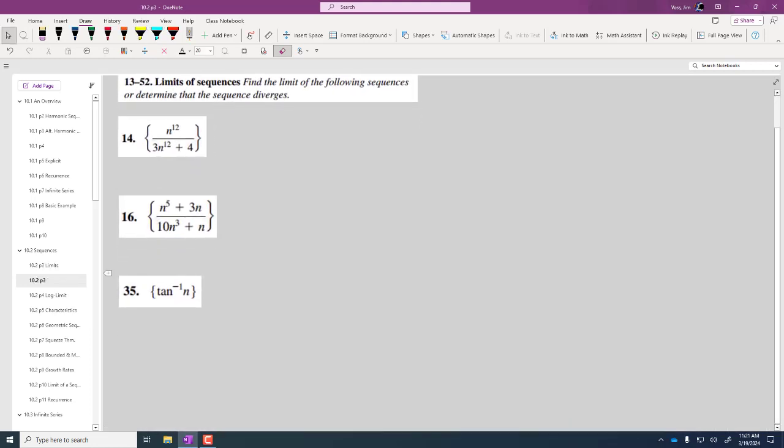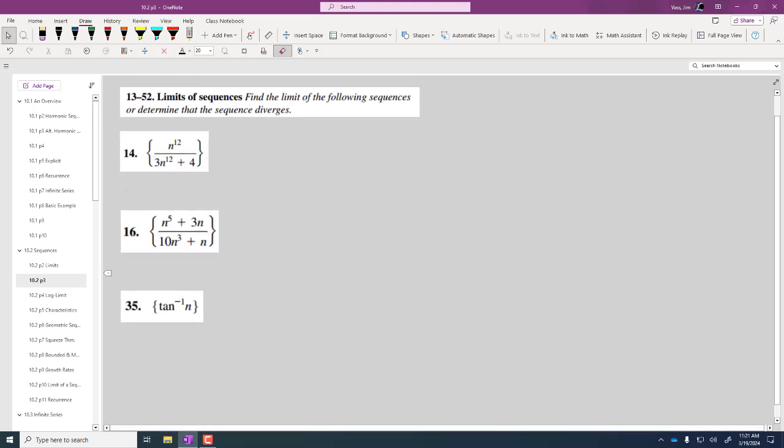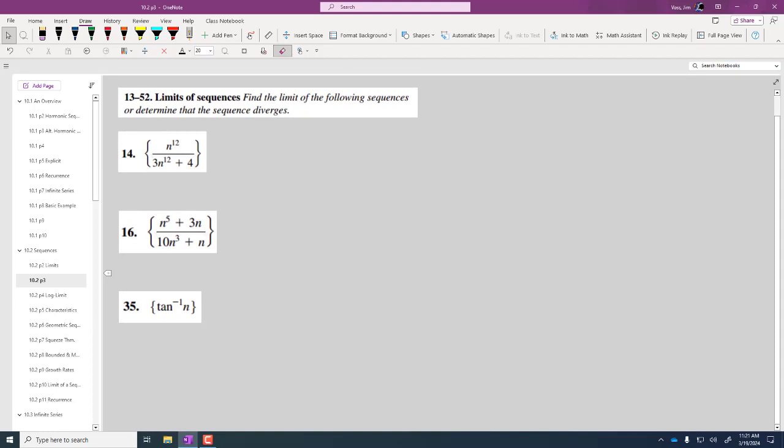Okay, so this section's all about taking limits of sequences. There are techniques that you learned in Calc 1 that apply here. If you wanted to, you could do L'Hopital's rule here and take 12 derivatives, but we have a much better way.